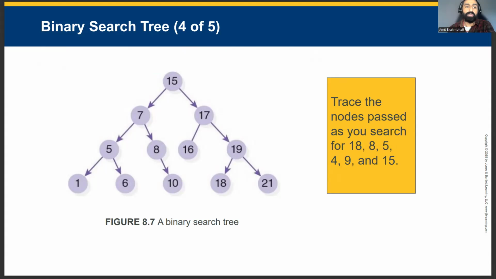For each value, we start at the root and move left or right based on the relationship. This slide emphasizes the efficiency of BST search. Instead of scanning the entire structure, we follow a direct route towards the target. It's a perfect example of how structure improves algorithm performance.